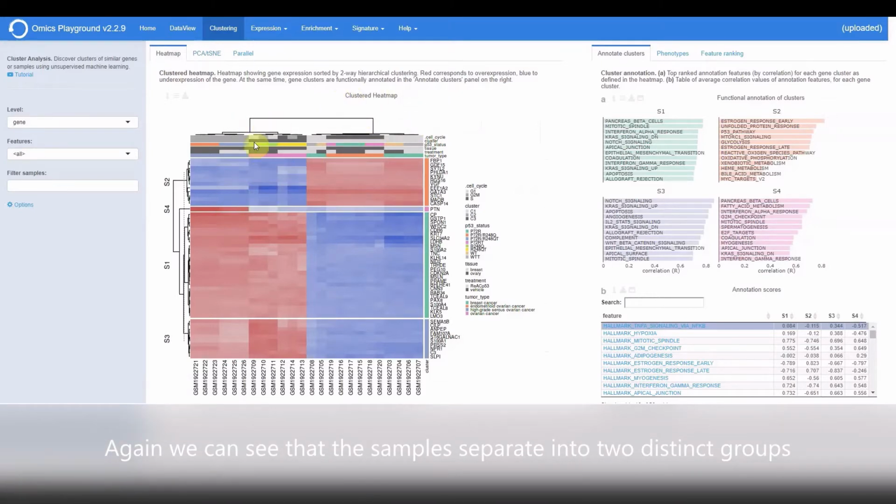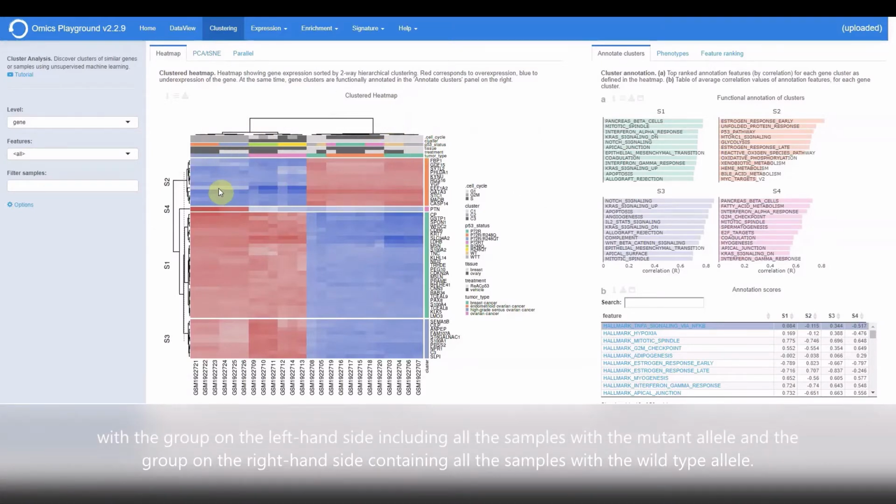Again, we can see that the samples separate into two discrete groups, with the group on the left hand side including all the samples with the mutant allele, and the group on the right hand side containing all the samples with the wild type allele.